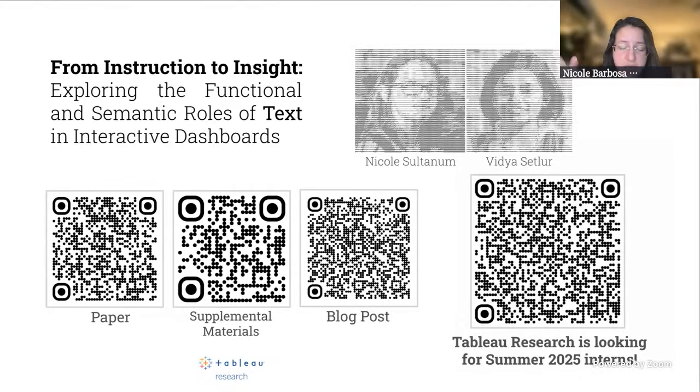They would create a content block in Illustrator, for example, which could reflect the vision that they had for the dashboard, and they would use that instead of native text in Tableau. So before we even get to chart annotations, we need to figure out basic text. So that's where I would start.